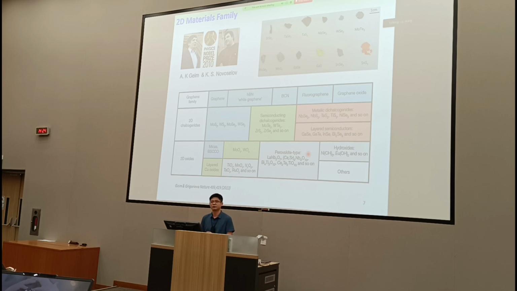The field starts from the isolation of graphene by Konstantin Novoselov and Andre Geim from Manchester University. The first paper was published in Science in 2004, right? Six years later, they received the Nobel Prize. This time from report to Nobel Prize is quite short, 6 years.